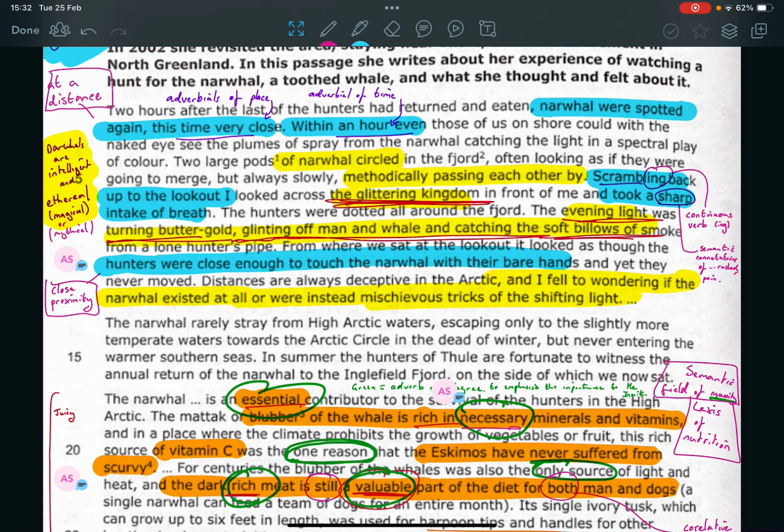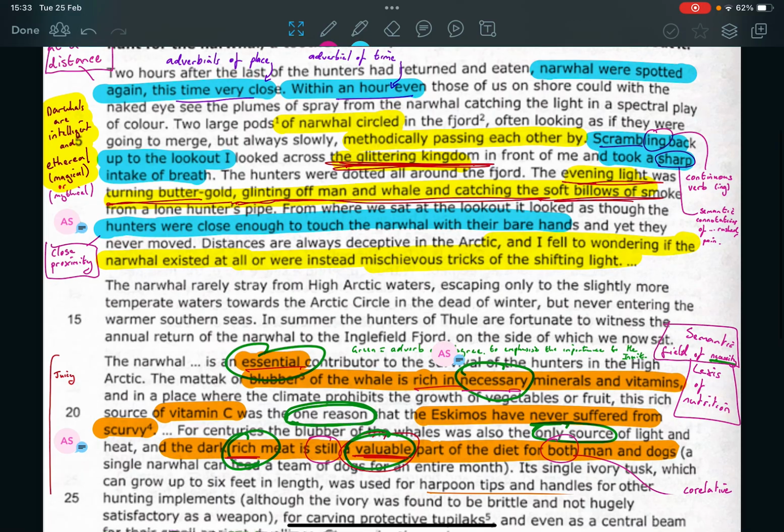That gorgeous, very detailed description of the majestic Arctic landscape. "I fell to wondering if the narwhal existed at all or were instead mischievous tricks of the shifting light." That lovely metaphor to describe the narwhal as if they are this magical or mythical, ethereal creature.